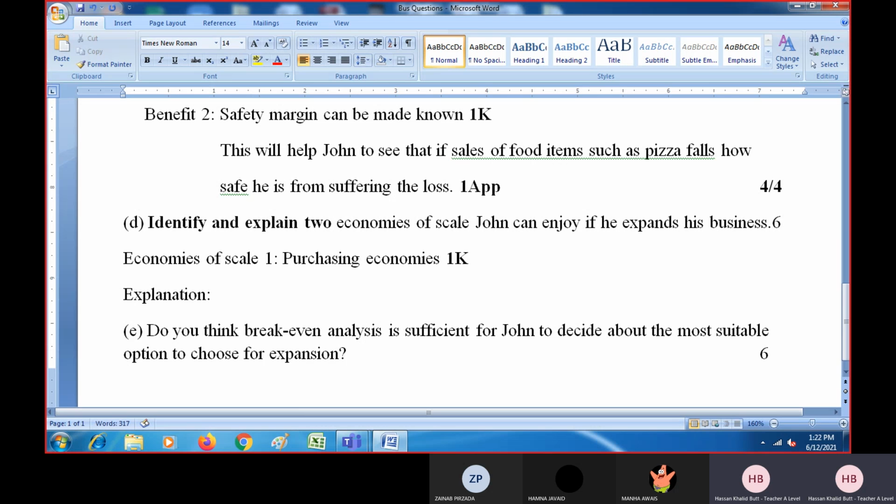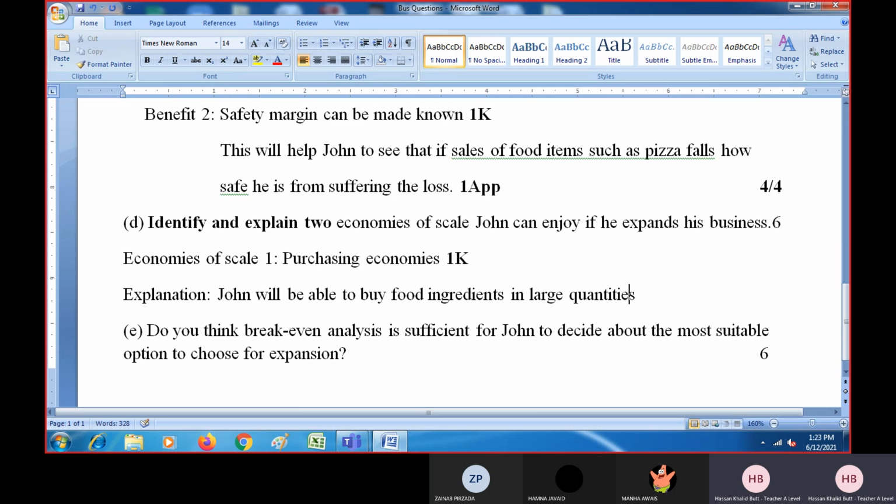Now, John will be able to buy ingredients, let's say food ingredients, in large quantities.